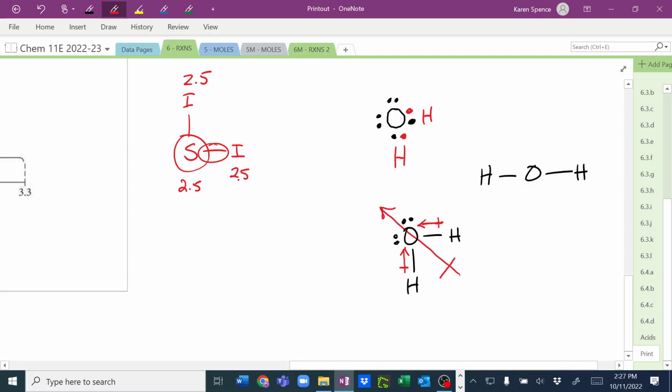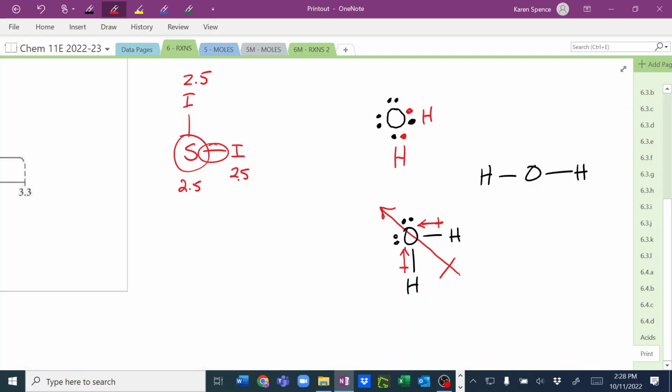That would be our overall dipole. Because I've got something going up and I've got something going to the left, which altogether means up and left. If you're doing physics and you're doing vectors, the molecular dipole is very similar to doing vectors.